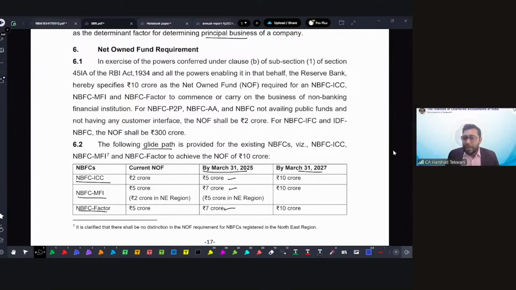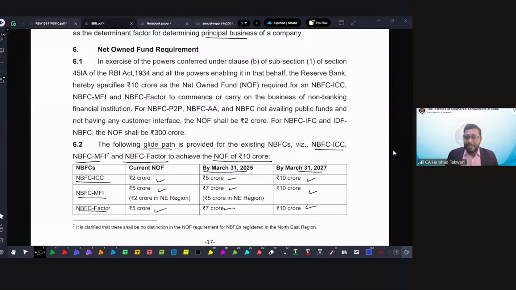And by March 31st, 2027, it has to be increased to 10 CR. So gradually they started from 2, 5, then came to 7, and gradually they will go to 10 CR. So all these three categories have to meet the requirement of net own funds of 10 CR.